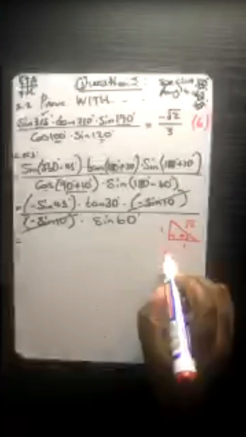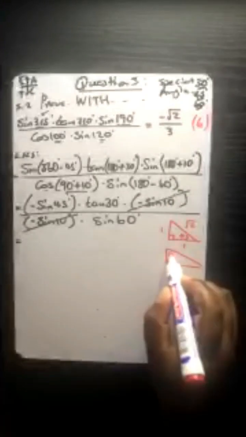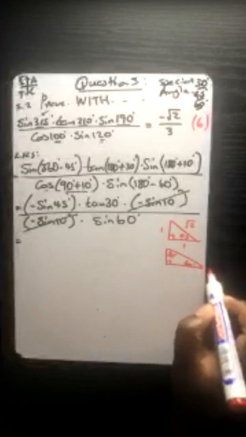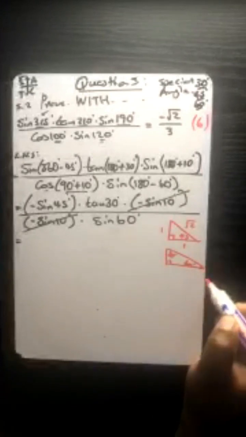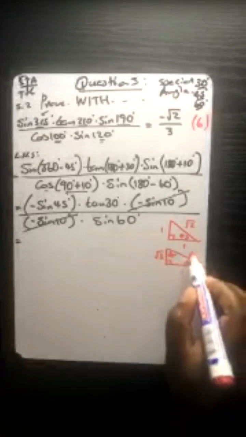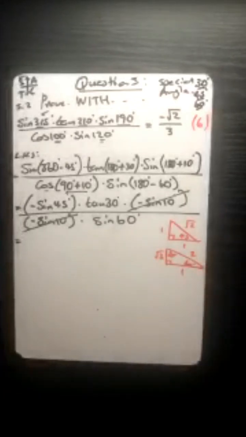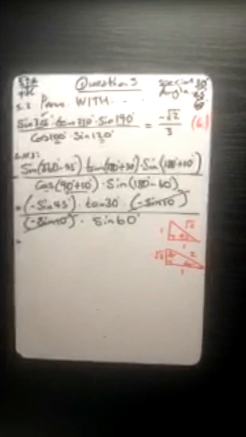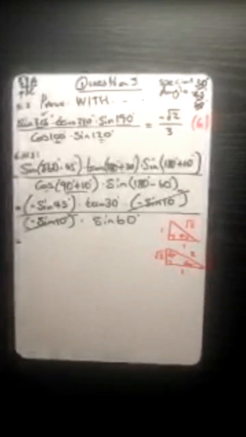And then you have this one, I think 30 is up there, 60 is there. What did we have there? Was it 1, square root of 3, and then 2? I think this is what we had for the special angles. Remember, it's not given to you on the formula sheet, so you need to know that one by heart. Very, very important, ladies and gentlemen. So now let's see.